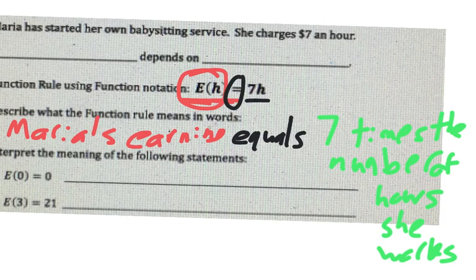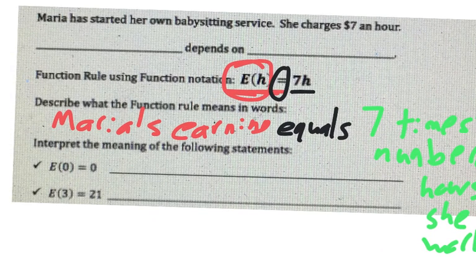Okay, when I look at the top one, E of 0 equals 0. What does that mean? She works 0 hours. How do you know she worked 0 hours? Which number are you looking at that tells you that? The 0 in parentheses. That tells me how many hours she works.